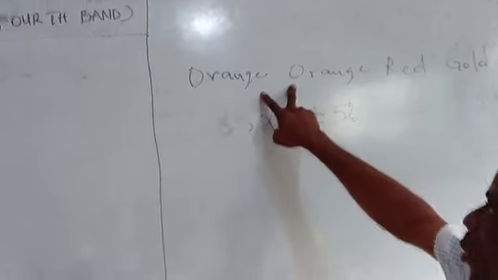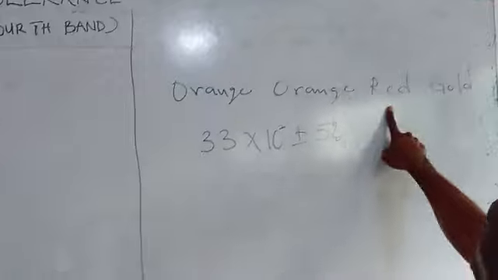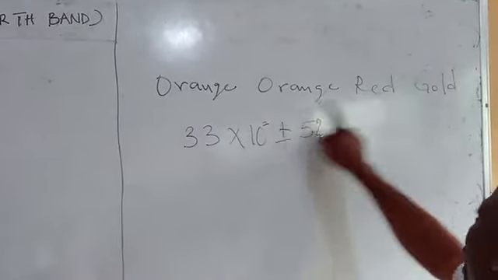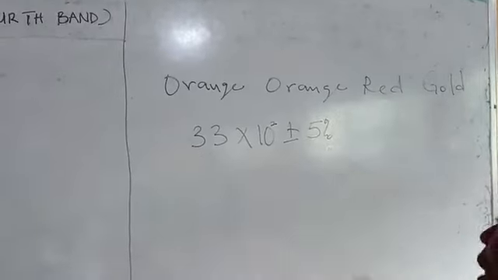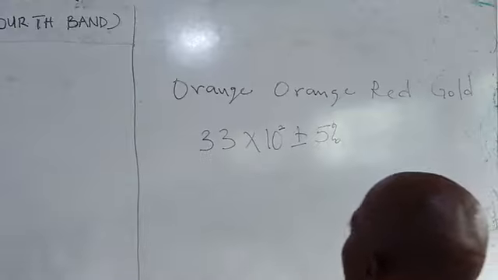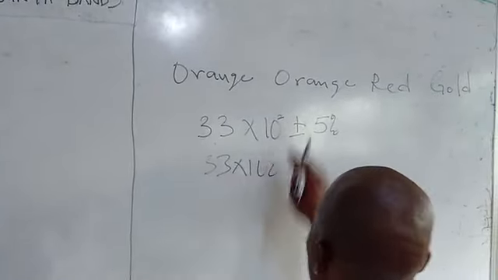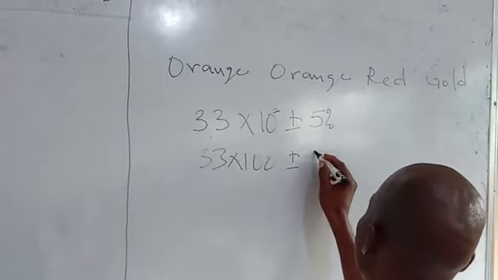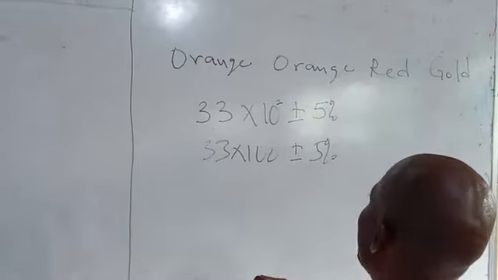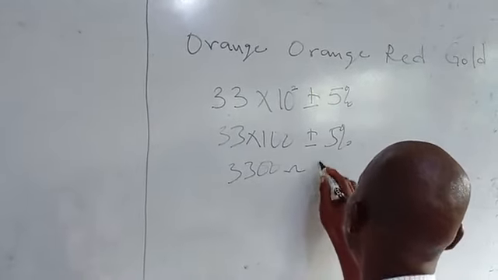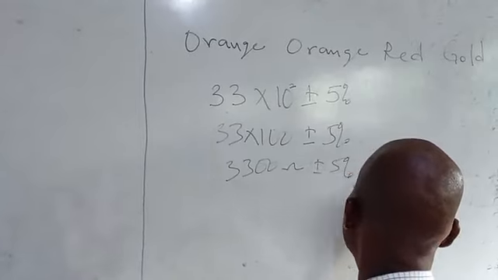So this is orange 3, another orange 3. These first two are what? Significant figures. The third one is the multiplier, times 10 raised to power, red is 2, raised to power 2. And gold is 5% tolerance. From there, 33 times 10 raised to power 2, which is 100, plus or minus 5%. So it means 3,300 ohms plus or minus 5%.